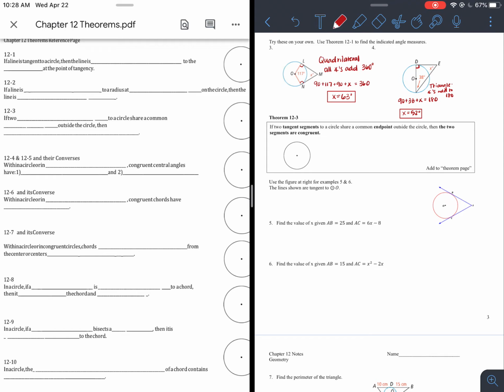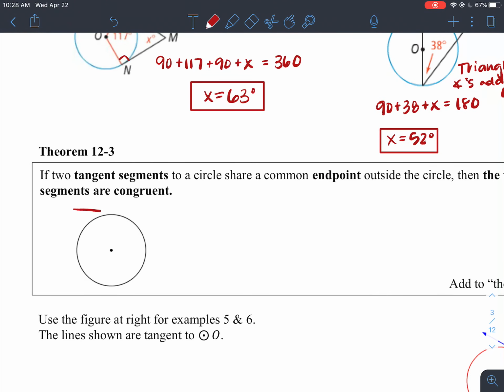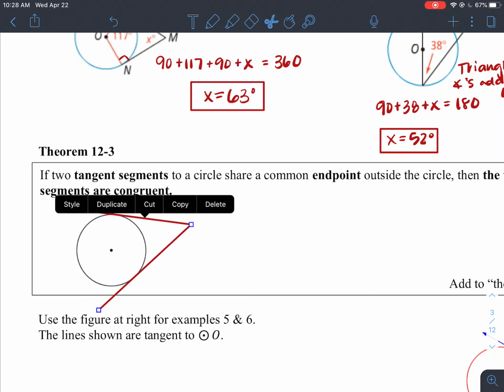So I'm going to draw an example on my note page. You can add this to the notes and to your theorem page if you want, but I'm going to focus back in on here. So this is saying, okay, I have a tangent line here, and then let's say I have a tangent line here, and they intersect with each other outside my circle. So I've got a point of tangency, say here.